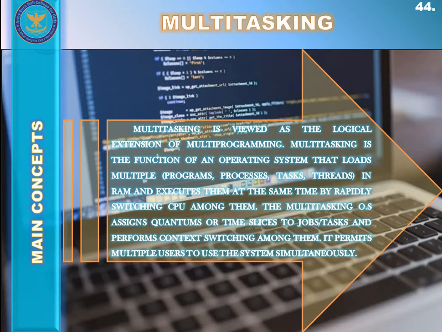Because multiple programs have multiple jobs or multiple tasks inside them. Suppose there's a program, MS Word. Now, MS Word has certain other tasks or instructions inside it.